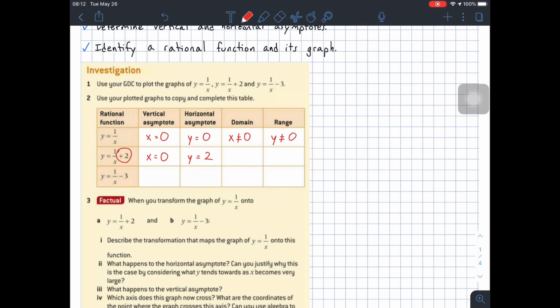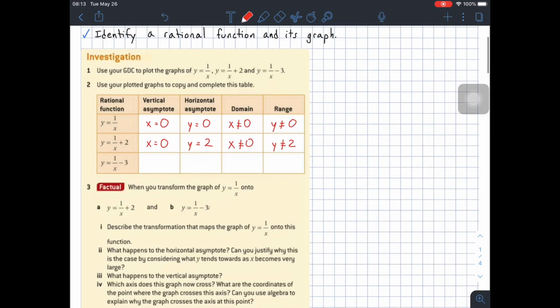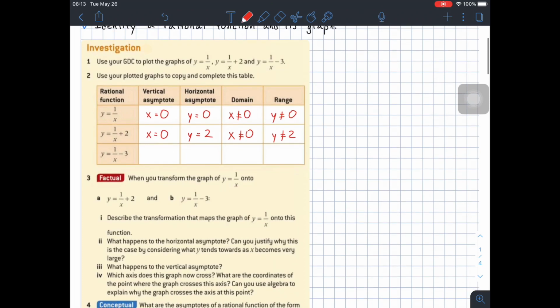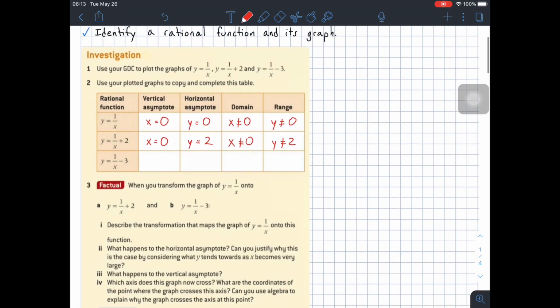So you see that it is directly related to the vertical translation in this case. So the domain is x different from 0, and the range would be y different from 2 in this case. The function touches all values or has all values except y equals 2.